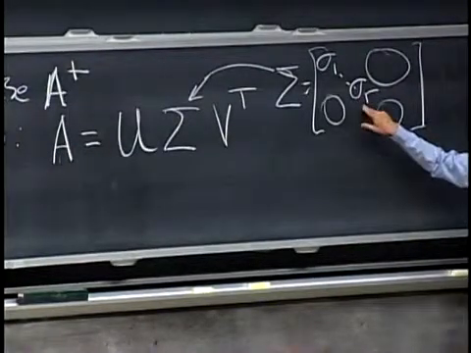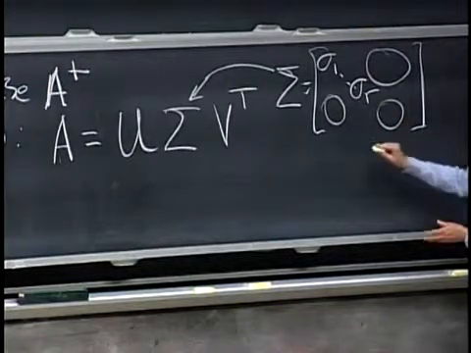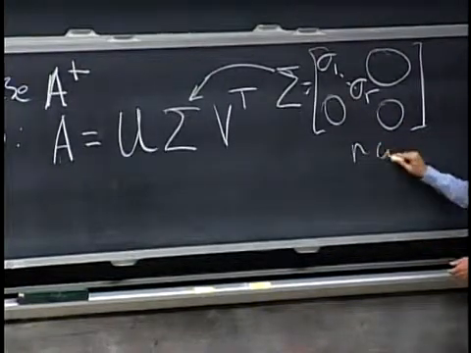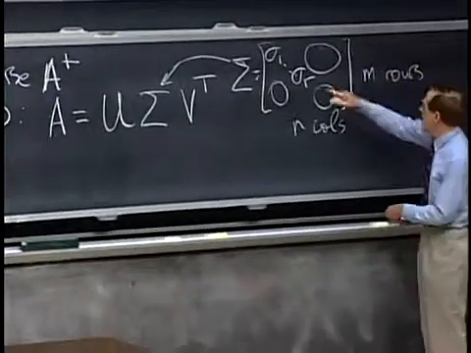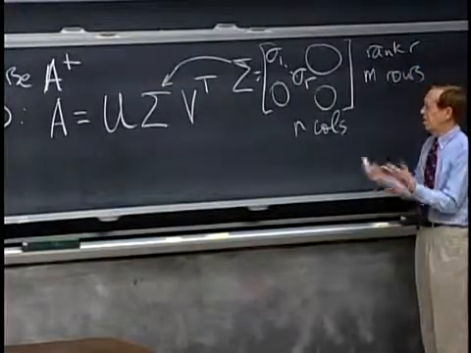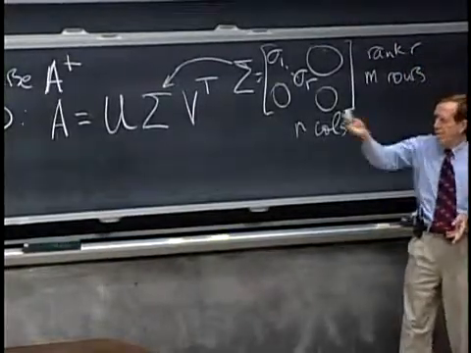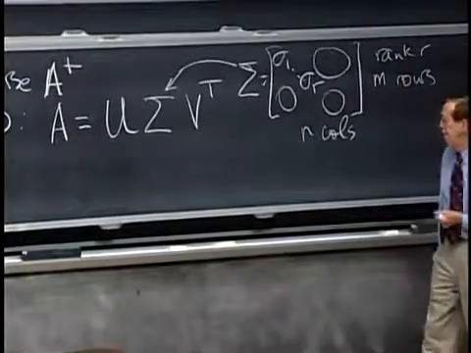It's got r non-zeros, and then it's otherwise zip. So it's got n columns, it's got m rows, and it's got rank r. It's the best example, the simplest example we could ever have of our general setup.